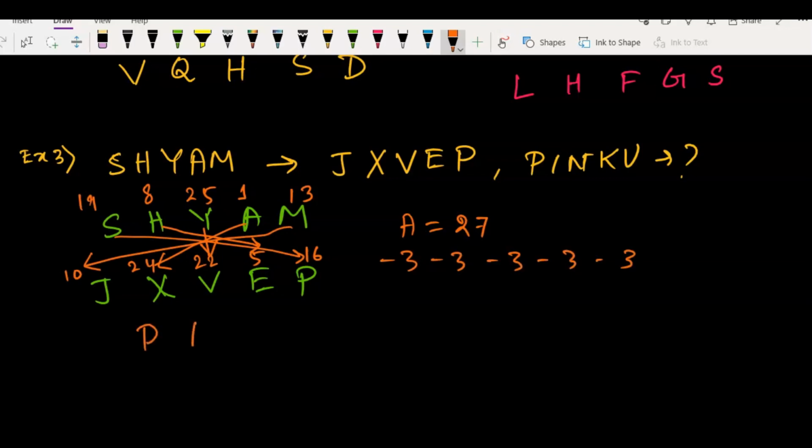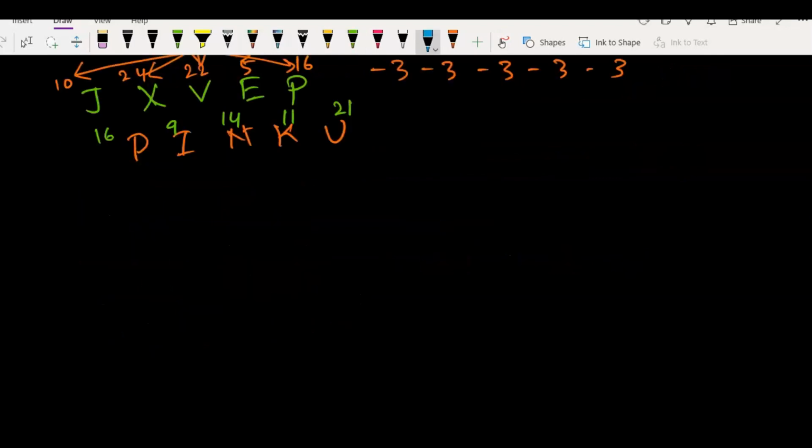So now do it for this, PINKU. So P is 16, I is 9, this is 14, 11, 21. So 16 minus 3 is 13. Then 9 minus 3 is 6.